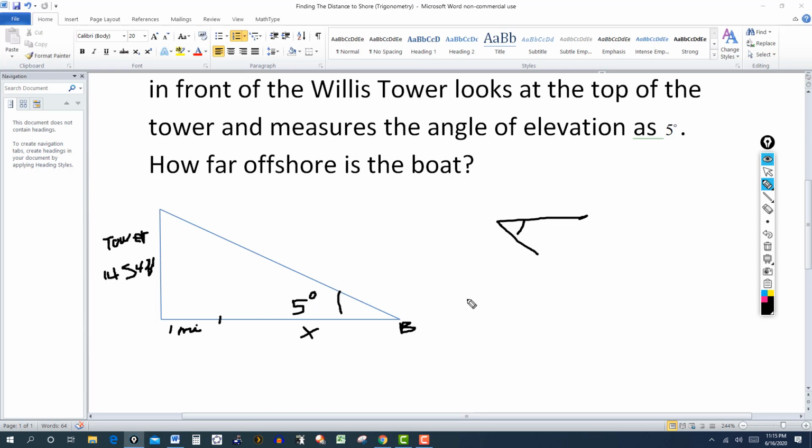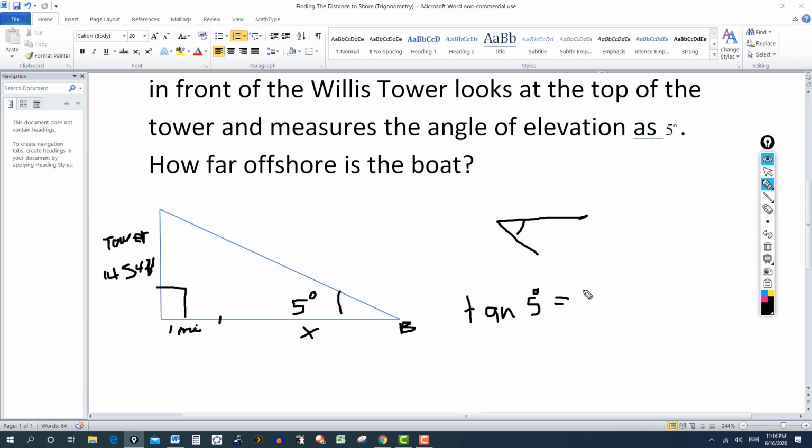Again, using your basic functions, in this case we're going to use tangent. So I'm going to say the tangent of 5 degrees. Since we have, by the given information, a right triangle, this is your right angle here. Tangent will be the opposite over the adjacent.